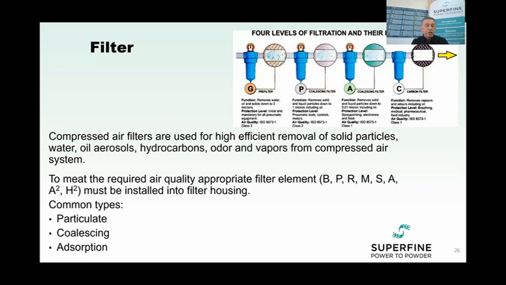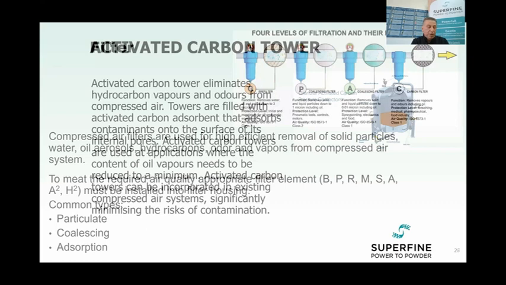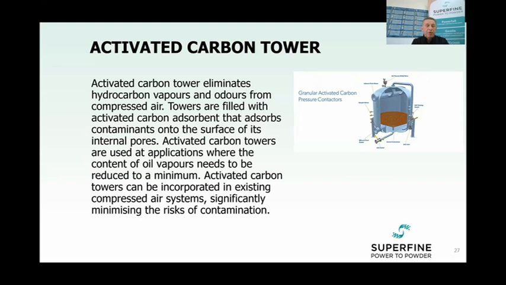Common types of filter are particulate, which removes water, oil and solids down to 3 microns; coalescing, which removes solid and liquid particles down to 0.01 micron; and adsorption, which adsorbs vapors and odors. For this matter, a type of adsorption filter that can be used is named the activated carbon tower, which eliminates hydrocarbon vapors and odors from the compressed air.